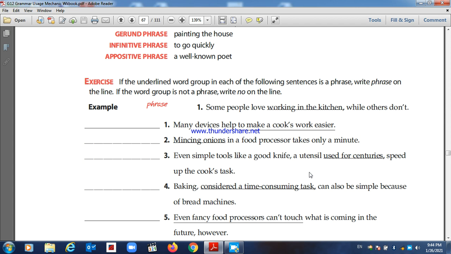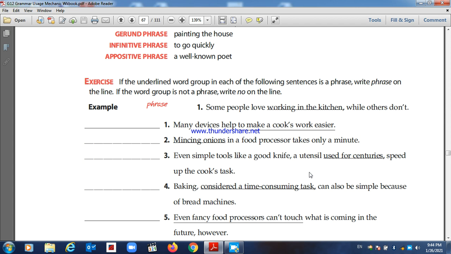Number 1. Many devices help to make a cook's work easier. If I look at the underlined words, okay, you don't have a verb because to make is not a verb. Infinitive is part of the verb and it's not a main verb. So here the underlined words, to make a cook's work easier, infinitive phrase. Very good. Number 2, mincing onions.